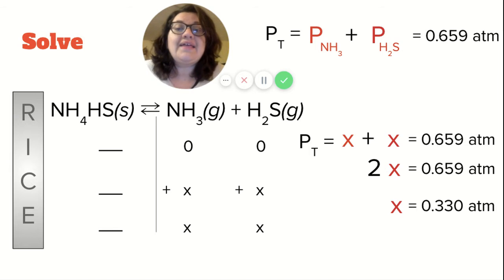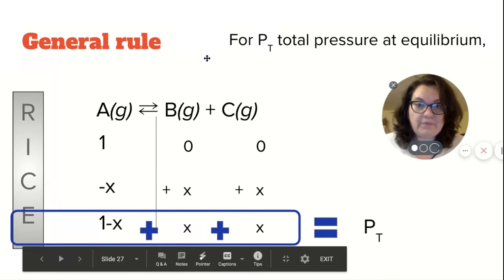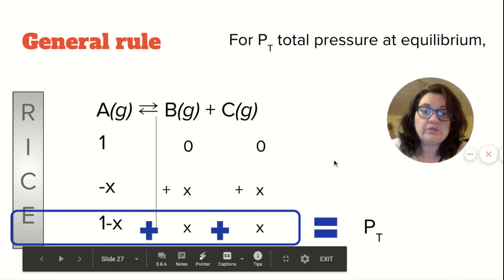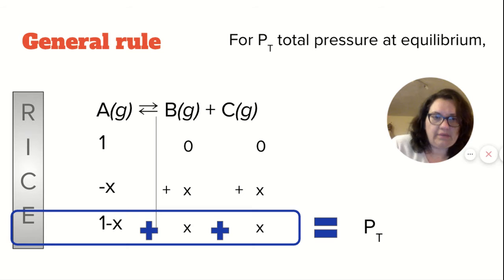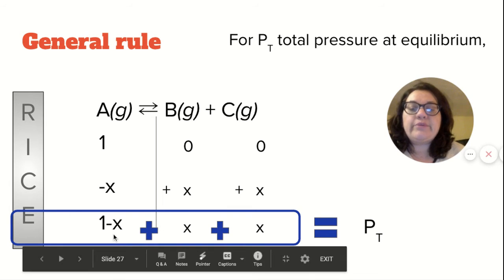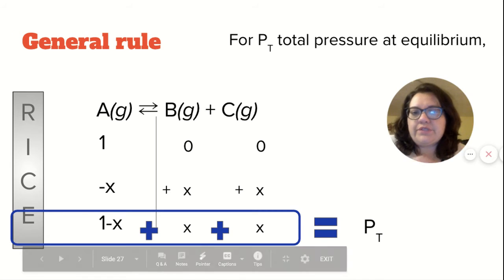Now, the general rule, what I need you to take away from this is the slide that I just tried to skip. Okay, that in general, when you have gases, so this is a generic reaction with gases A, B, and C. So let's say that at equilibrium, I have all three gases. And I just assumed that I started out with 0.